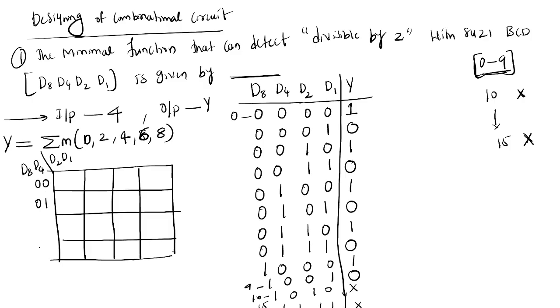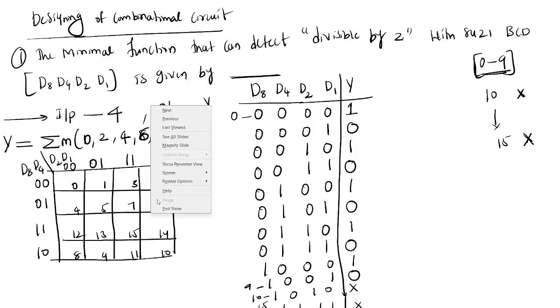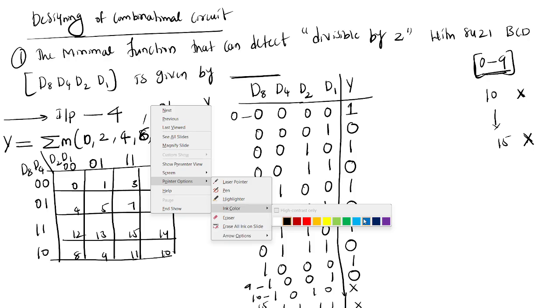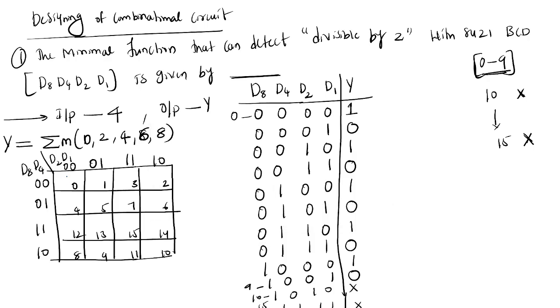The cells are numbered 0 to 15. You need to write the ones in the cells: 0 is 1, 2 is 1, 4 is 1, 6 is 1, and 8 is 1. Remaining all are don't cares only.